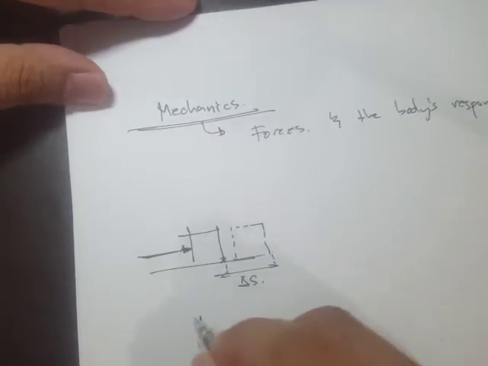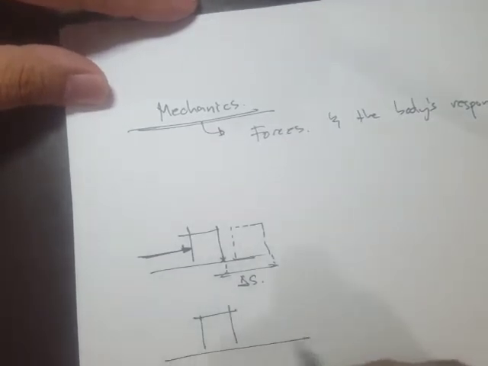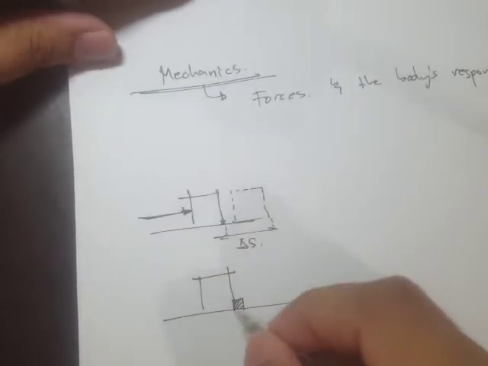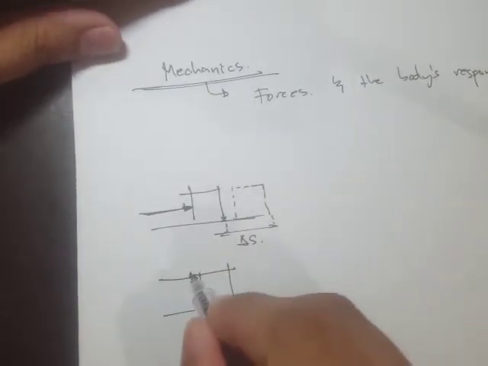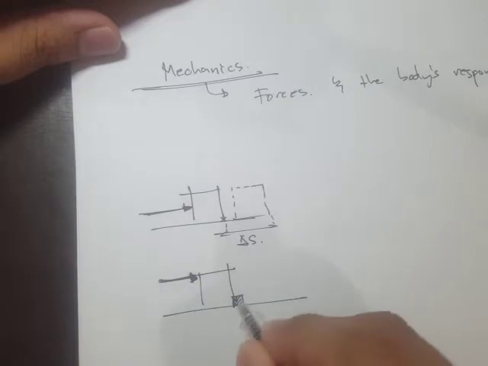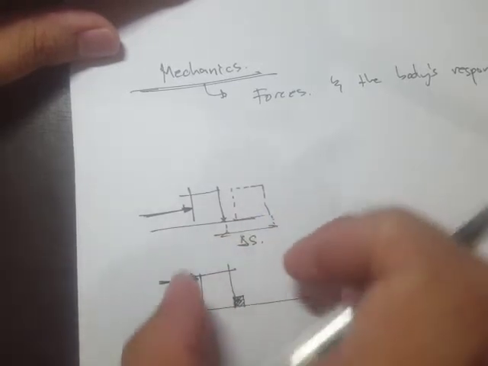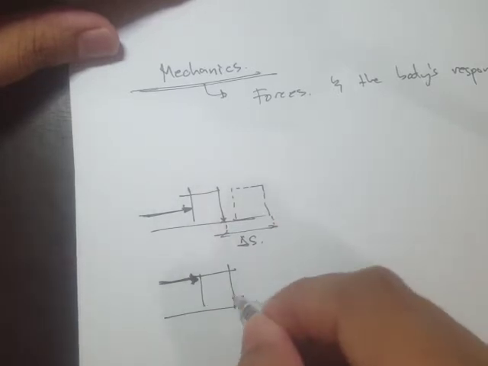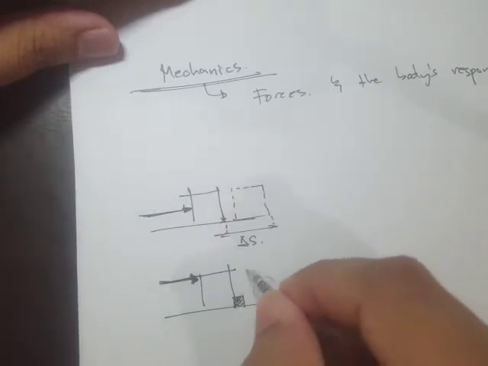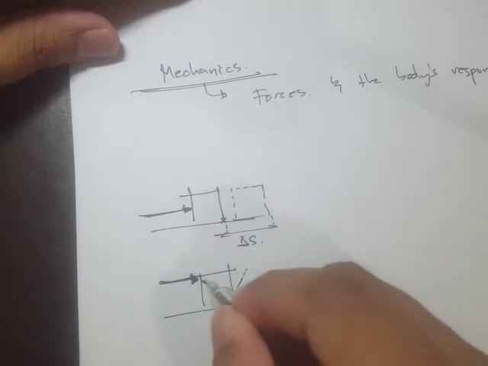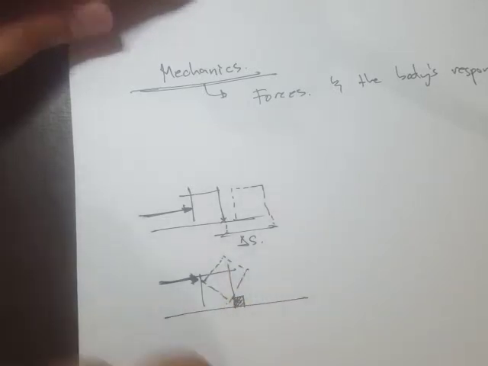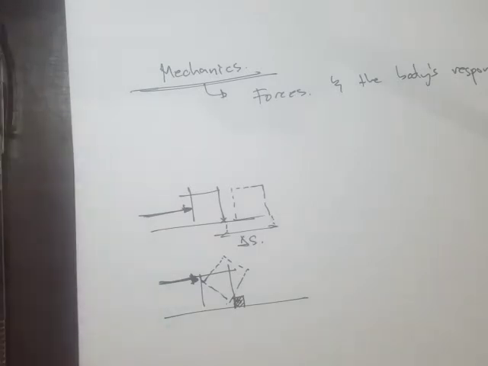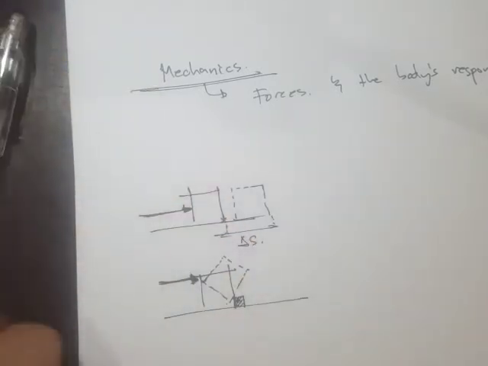Another possibility is that we provide a stopper or a stopping block right here, and when we apply force, instead of having a linear translation, another possible response is that it can rotate something like this.